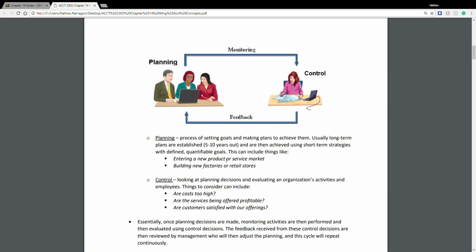So in control, we look at the planned decisions and evaluate everything that's going on. As the process goes, are costs too high? Can we reduce them? Are our services actually being profitable? If they're not being profitable and it doesn't look like they're ever going to be, why did we keep them?